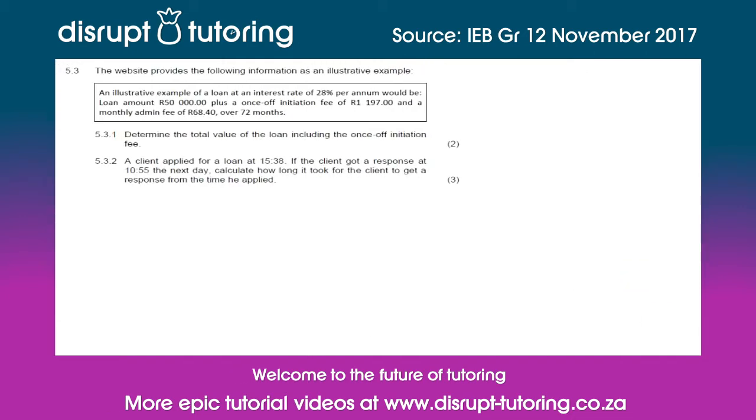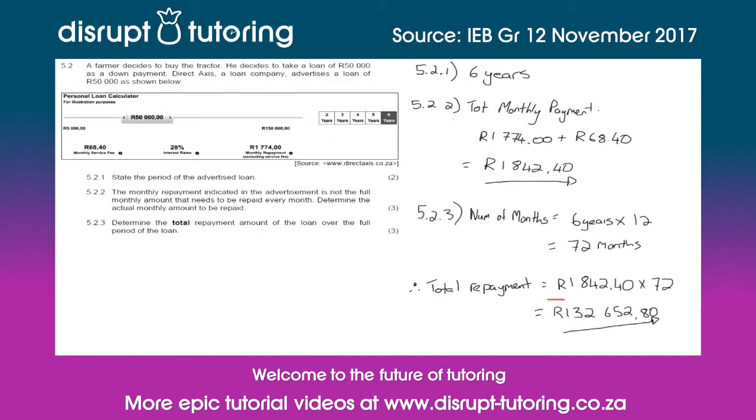So in the next question, they said determine the total value of the loan, including this once-off initiation fee. It means that we have to take the total that we calculated in the previous question and add the initiation fee.